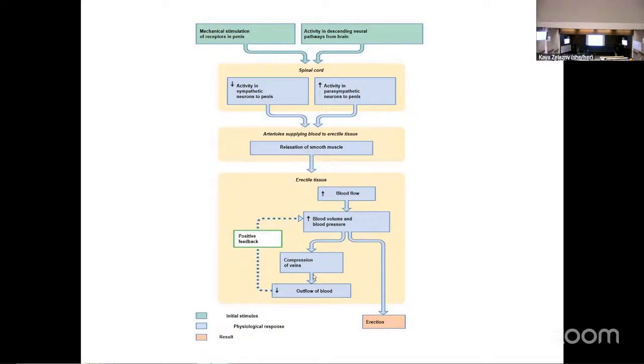And that means we're going to have more and more of that blood volume staying in the penis, which means that blood pressure in the penis is going to be going up and up and up and up. And it's literally that pressure of blood that is causing the erection. So that filling with blood is erection, essentially. Okay.